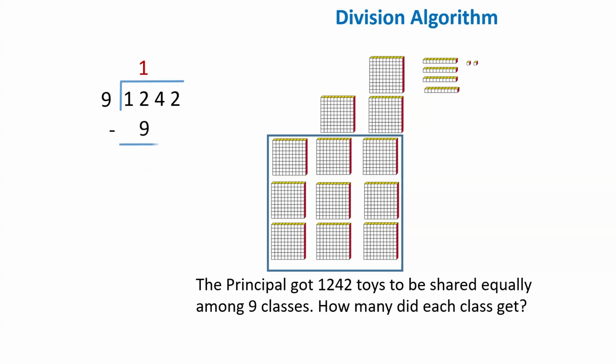So how much remains? 3 remains on top. So we have 342 remaining. We're no longer looking for forming groups of 9 with the squares because we don't have enough. So we now have to form groups of 9 using the rods, using the tens.